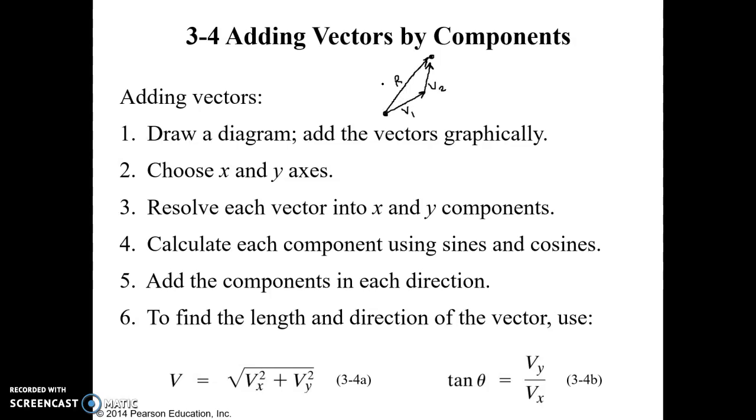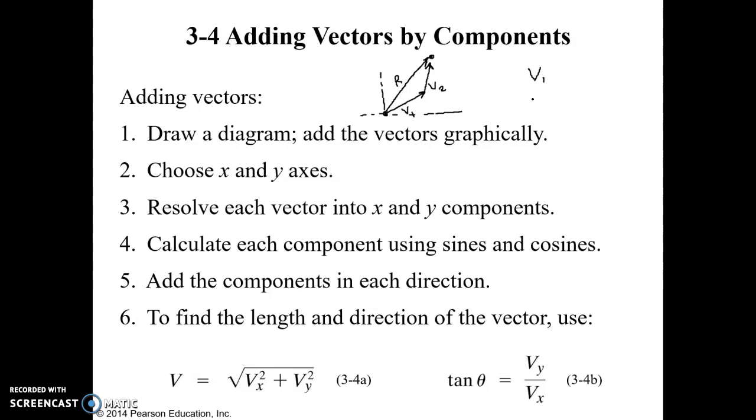Choose the x and y axes. Okay, so a lot of times that will essentially be given to you in the problem statement, or maybe the problem describes things as like north, east, south, cardinal directions like that. So set up your x and y axes, and then resolve each vector into x and y components. I recommend using a table.